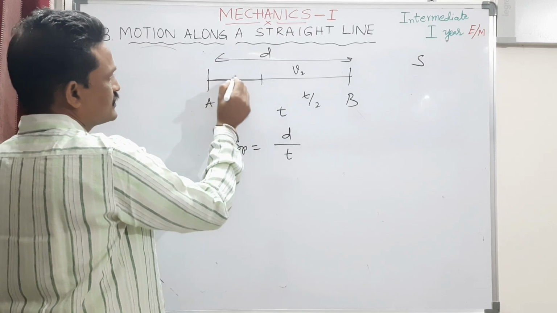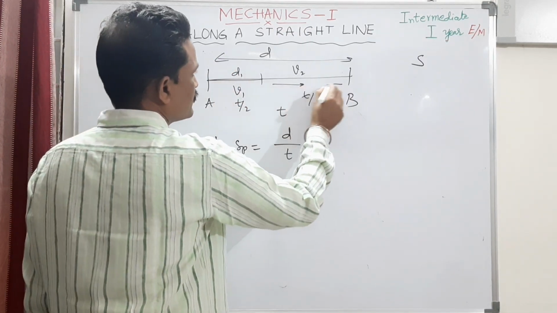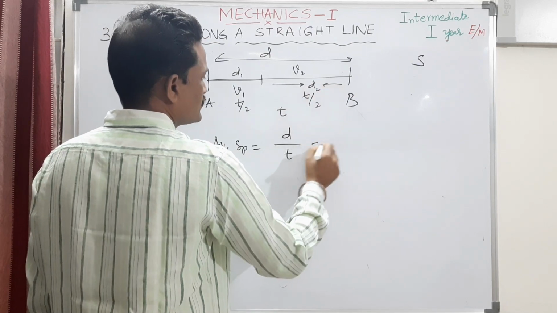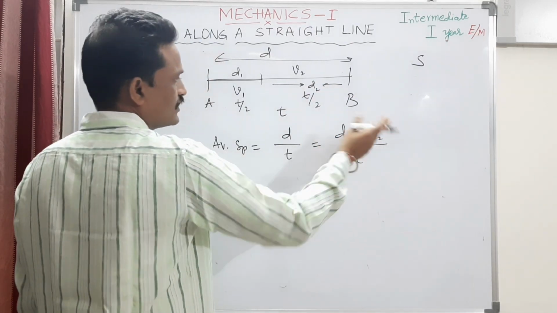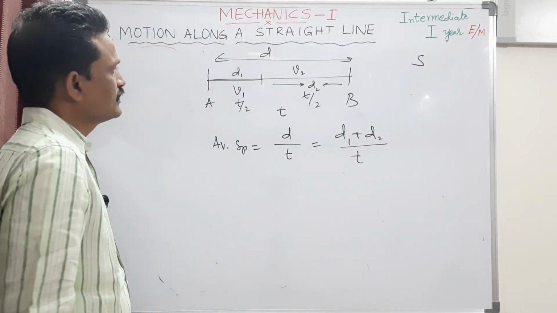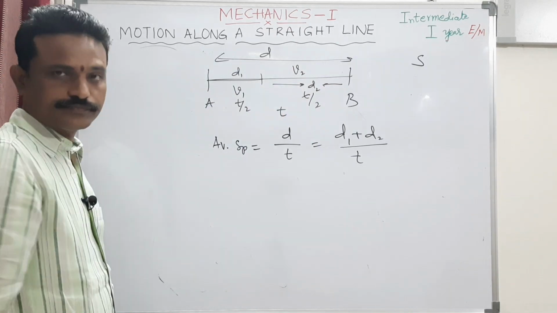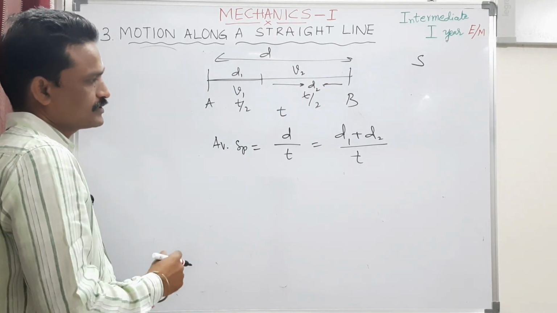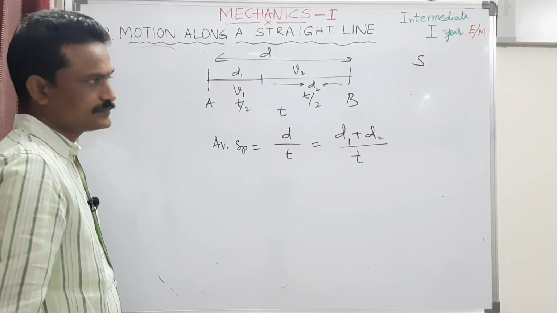Let us say the distance in the first time interval is d1 and in the next time interval is d2. So I can write this as d1 plus d2 by t. But d1 and d2 are unknown terms. I am given v1 and t by 2, v2 and t by 2. So for that purpose, I have to write d1 and d2 in terms of known terms.